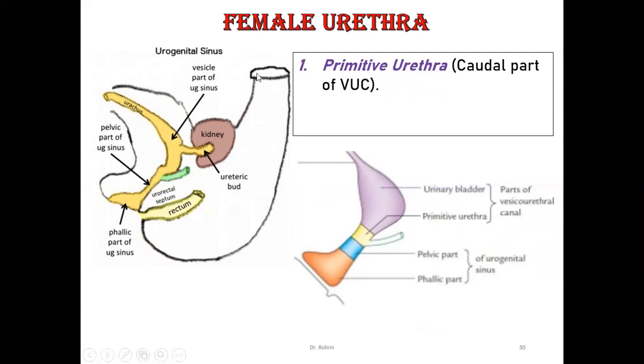Now we are discussing the development of the female urethra. The female urethra is approximately 4 centimeters.